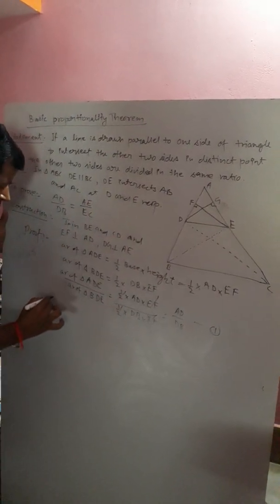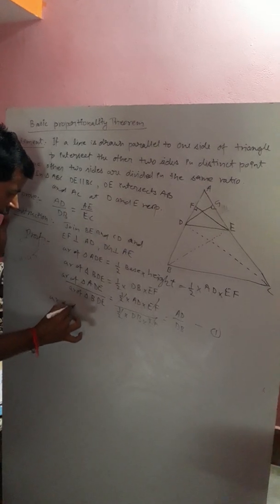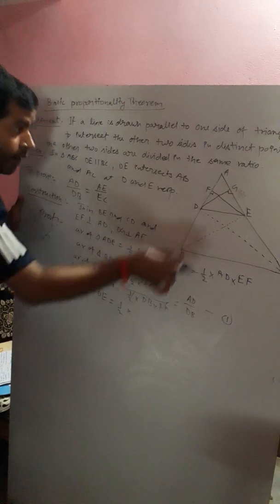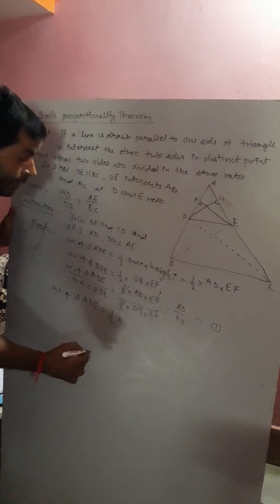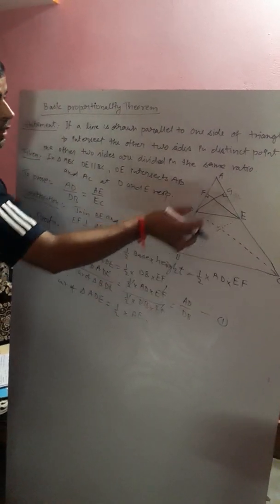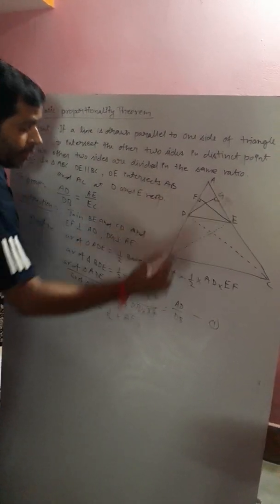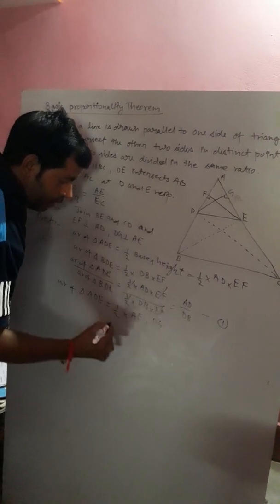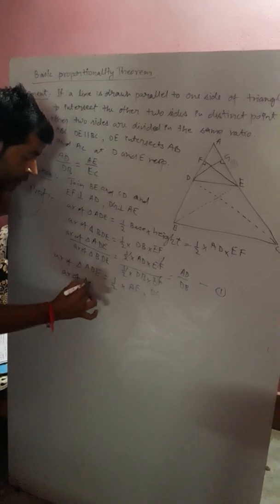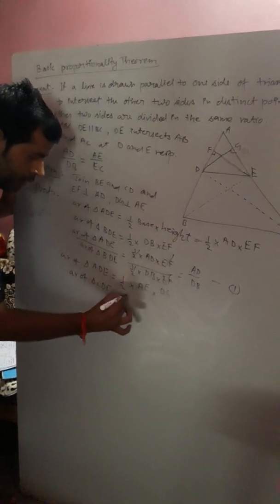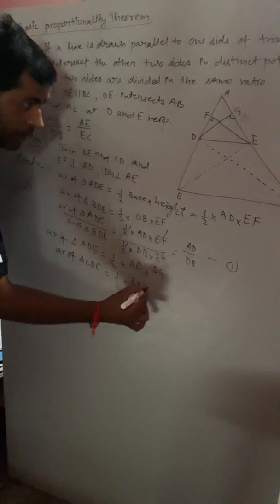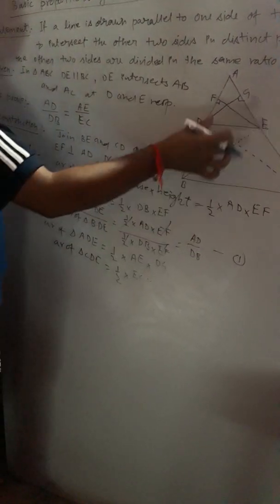So area of triangle ADE is 1/2, we can write base AE and perpendicular DG, and area of triangle CDE is 1/2, base is EC and height is DG.